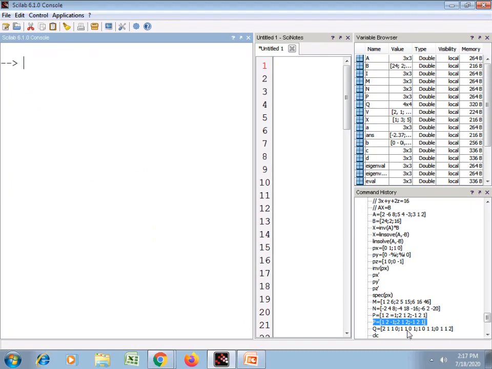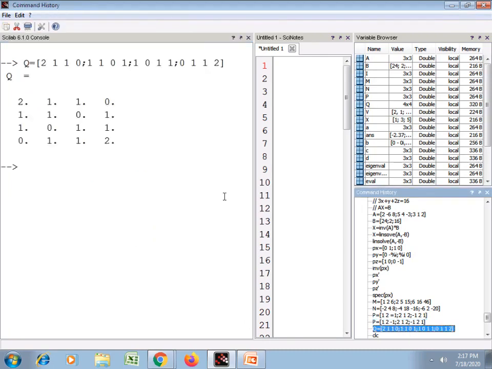Take one more example. Now suppose matrix Q is a 4 by 4 matrix.